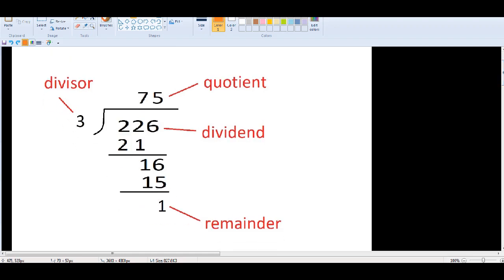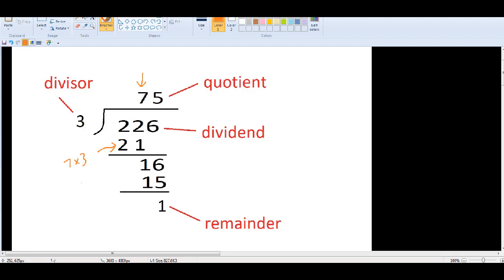So that will be the number left behind. There are several things you need to notice when we are doing long division for numbers. For the first number, 7, why do we put 7, not 6 or 8? Because 7 times 3 equals 21, so this 21 comes from 7 times 3.